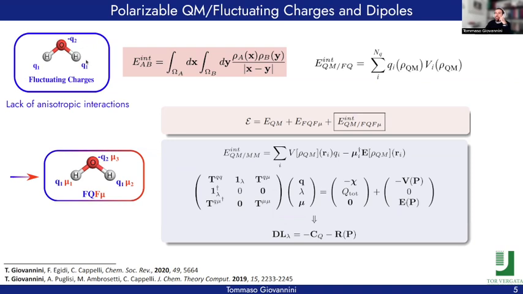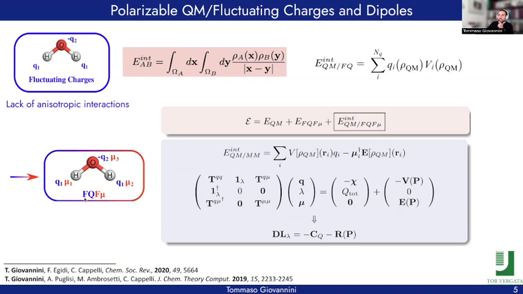Then, of course, you have just charges, and a charge is by definition completely isotropic. If you want to add anisotropic interaction to your system, then instead of just putting charges that depend on the QM density, maybe we can also add a dipole moment that will respond to the QM density.